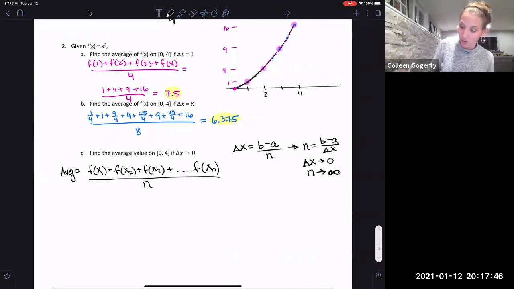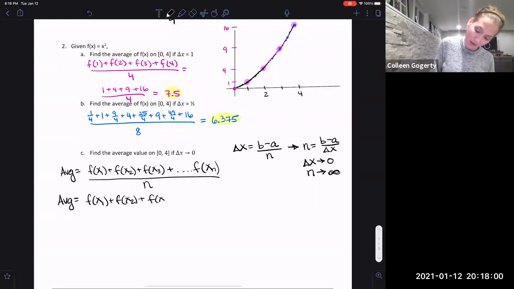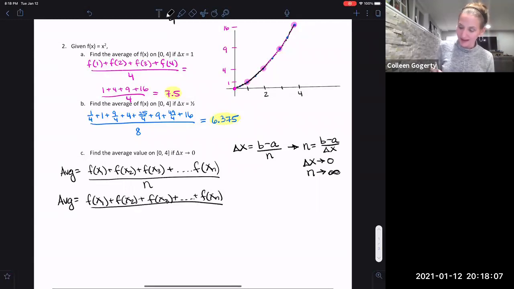So let's do a little bit more manipulation now. Now that I know that n is equivalent to b minus a over the change in x, let's substitute that back in over here. So my average is f of x sub 1 plus f of x sub 2 plus f of x sub 3, all of my outputs, I'm adding them all up, and n is b minus a over the change in x.